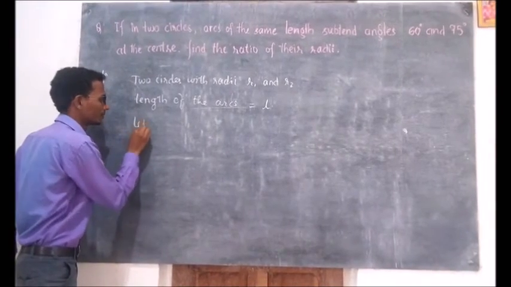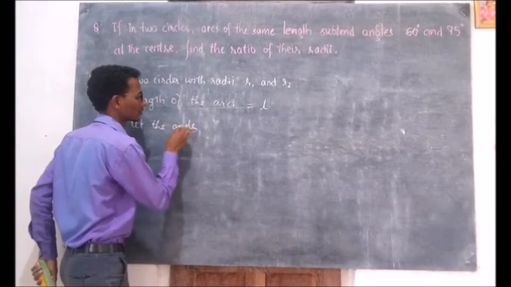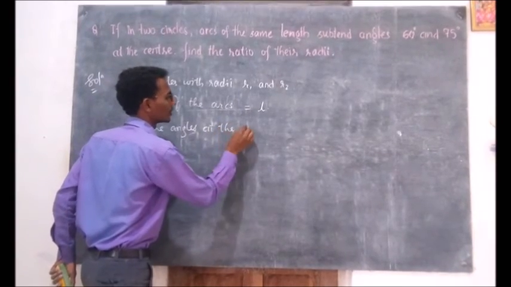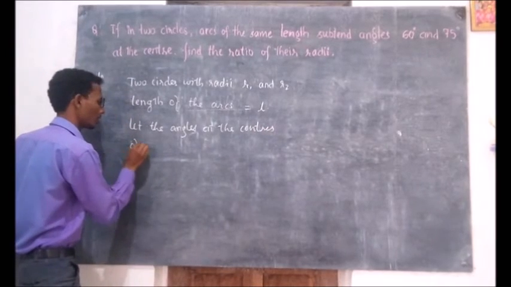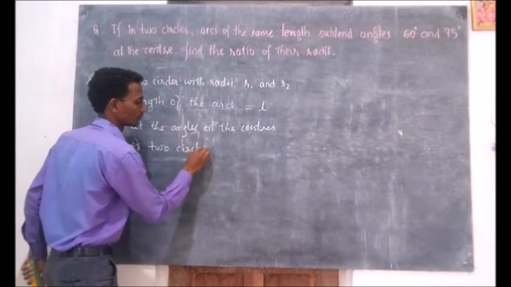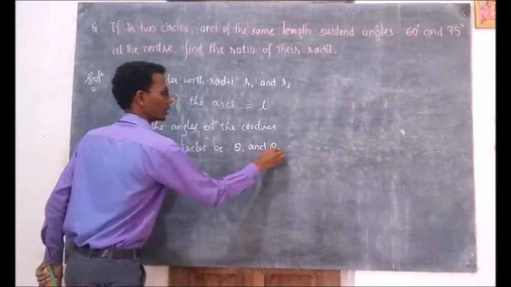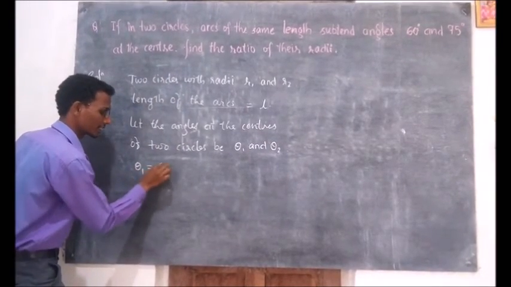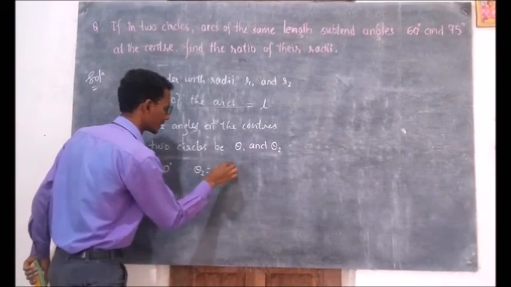Let the angles at the centers of two circles be theta 1 and theta 2. So here theta 1 is equal to 60 degree and theta 2 is equal to 75 degree.